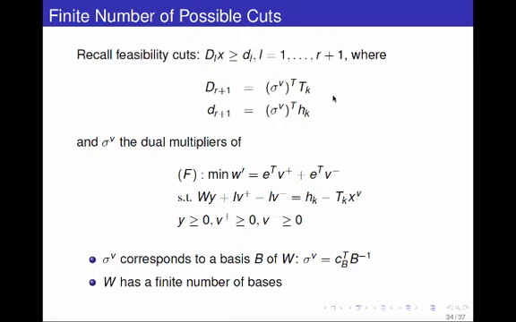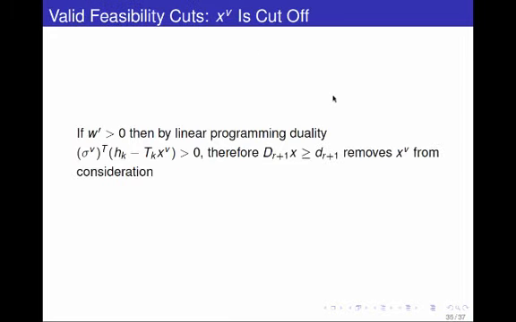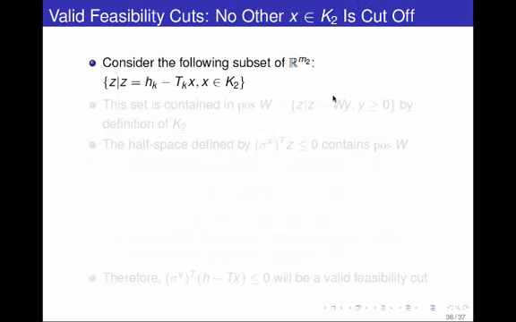Okay, so the argument now goes as follows. This set of guys that I don't want to kick out is a subset of a bigger set called pos W, which is basically the space I can span by taking non-negatively scaled columns of W. I have a bunch of columns of W, those are in Rn2.